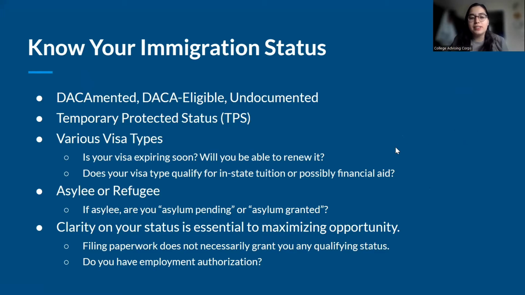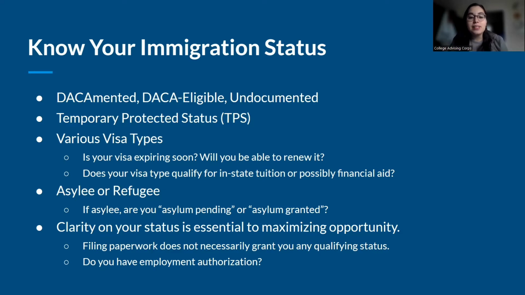There are also various visa types. If you are on a dependent visa, you might not be able to access federal financial aid. If your visa is expiring soon, will you be able to renew it? Think about what kind of visas you have and whether they qualify for in-state tuition or any sort of financial aid.